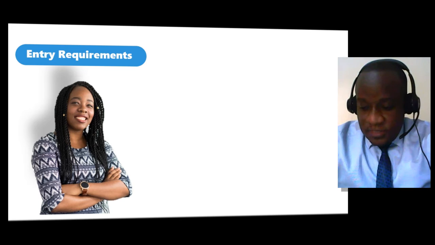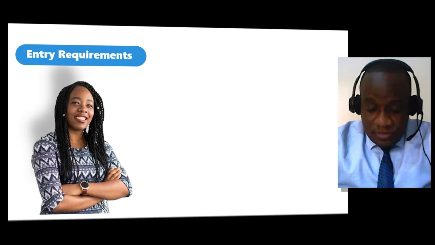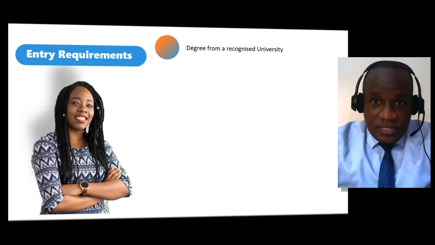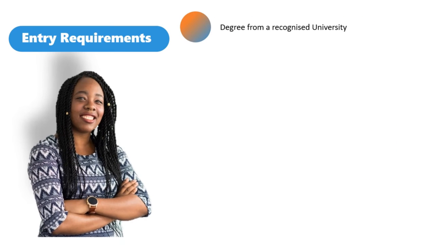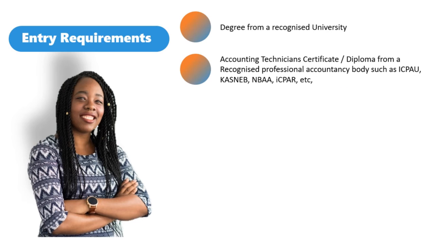Now, of course, the details include, for those who have a degree from any recognized university, you will be admitted into the program. If you have an accounting technician certificate or diploma from a recognized professional accountancy body, such as ICPAU, the Institute of Certified Public Accountants of Uganda, which has its own diploma, the Accounting Technician's Diploma.